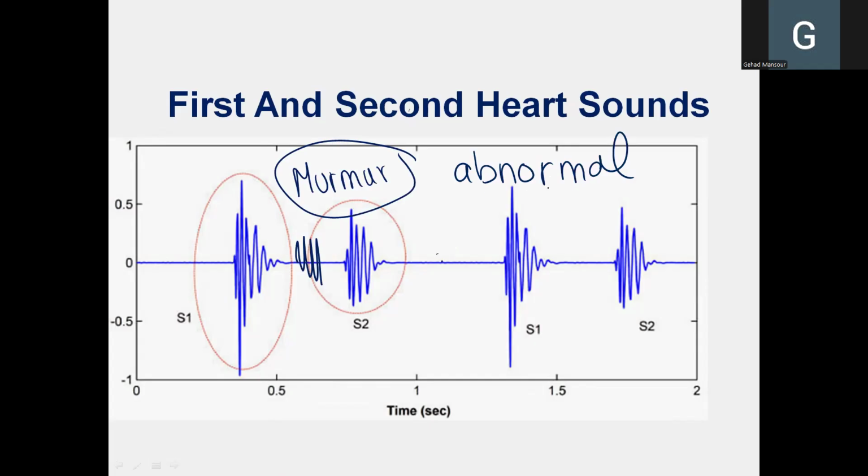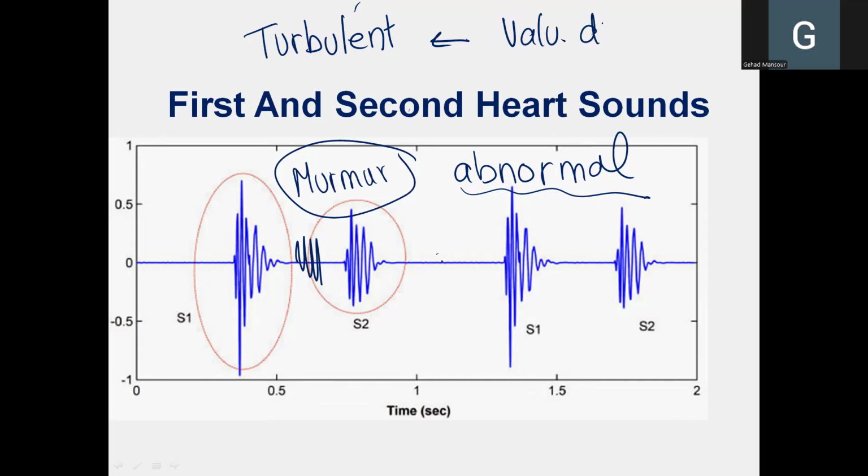It is an abnormal sound upon auscultation that is superimposed on S1 and S2, meaning that you listen to S1 and S2, and in between them, you have a murmur. Of course, murmurs are due to turbulent blood flow, non-laminar, non-smooth blood flow, and mainly due to valvular diseases.